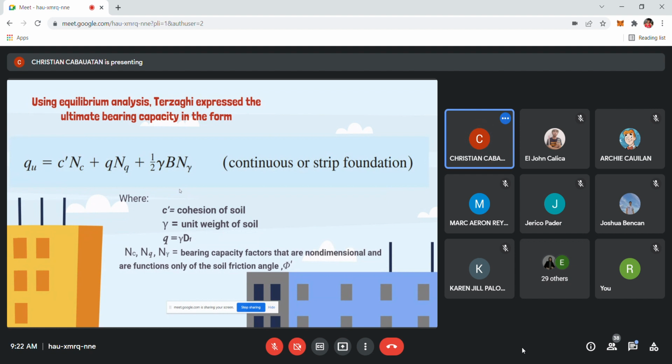This will be used if the foundation is a strip or a continuous foundation. Okay? Wherein the c, as I have said before, is the cohesion of the soil. The gamma is the unit weight of the soil. And the Nc, Nq, and Nγ are the bearing capacity factors. No? It could be determined if the friction angle is identified. Okay? Nasa table lang naman yun mamaya. Later, I will show you.